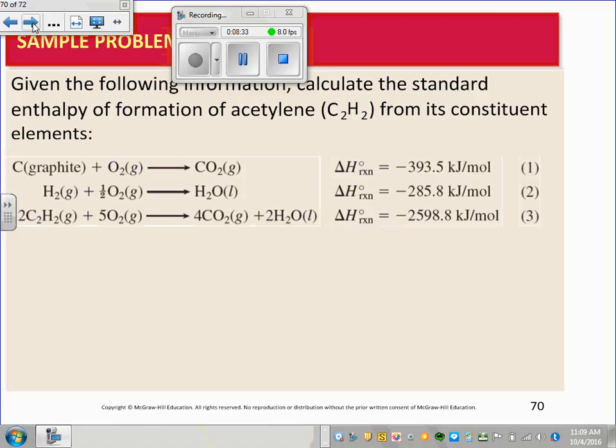So if I divide everything by 2 and flip it, I have 2CO2 plus H2O goes to C2H2 plus 2.5O2. Delta H: we flipped it, so it goes to plus 2598.8 divided by 2. So it becomes plus 1,299.4, I believe.